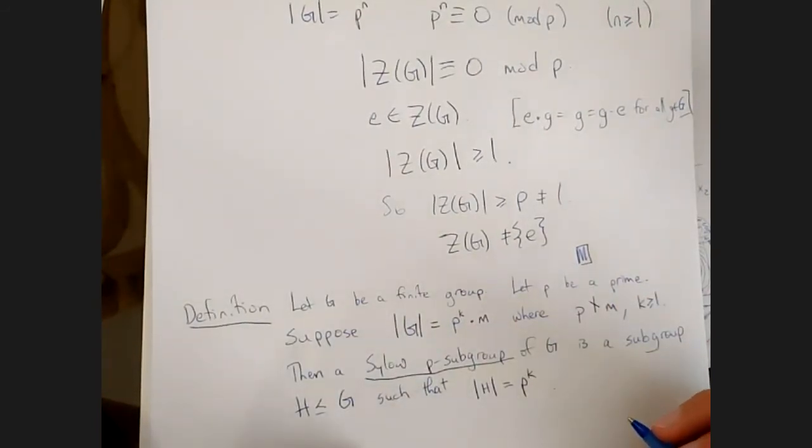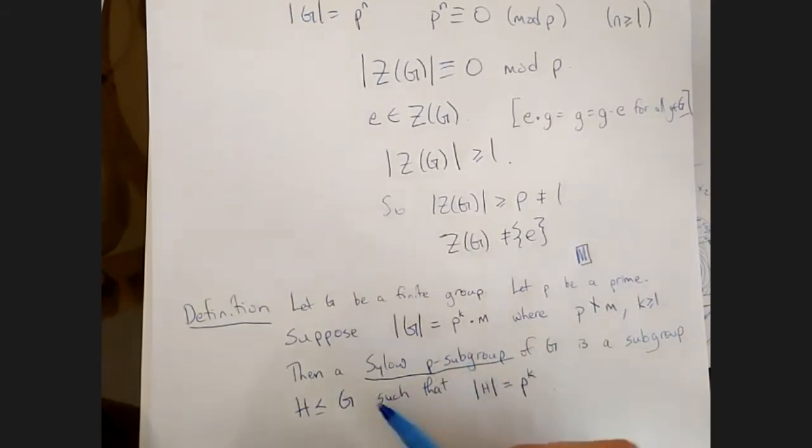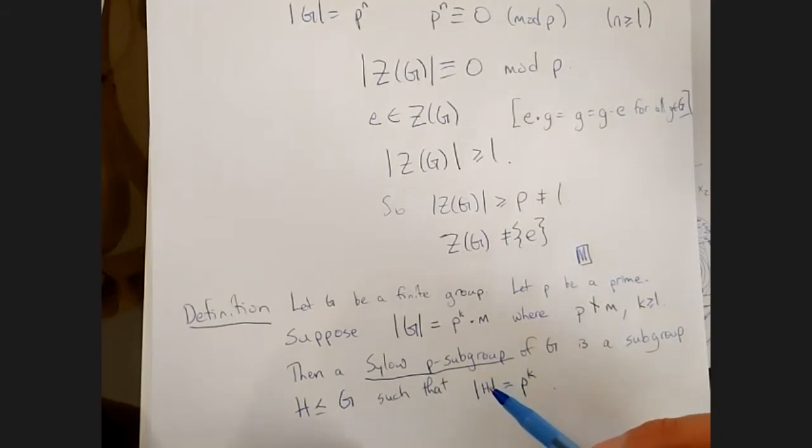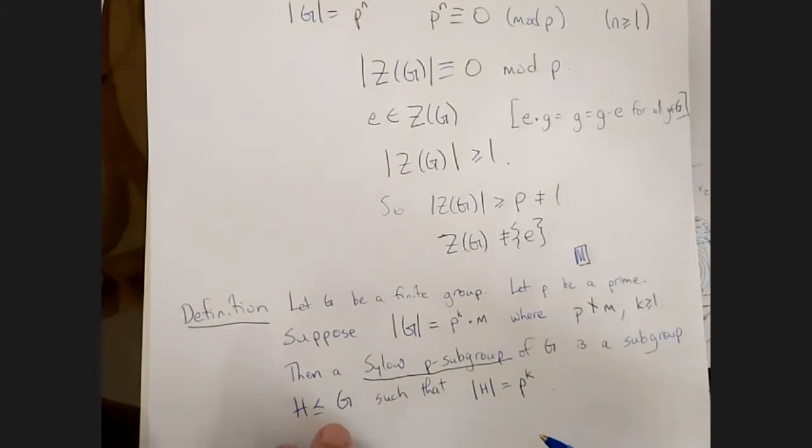If you think about it, out of all the subgroups of G which are P groups, this is the largest possible size a subgroup could be that's a P group.